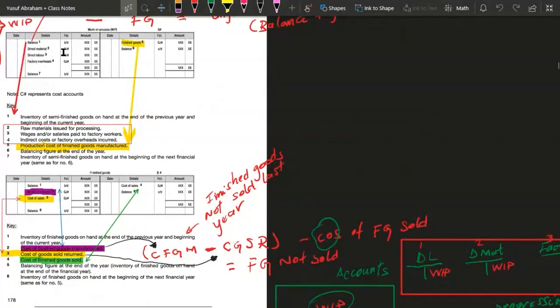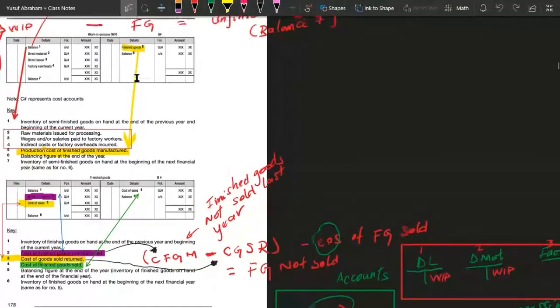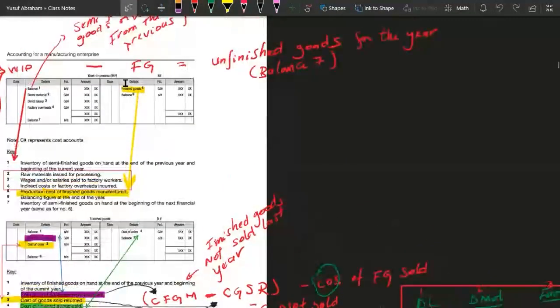So direct material, direct labor, factory overhead. And what we want to find is what will be the finished good. And again, what do you do? You add up everything except minusing what will be unfinished this year of production.